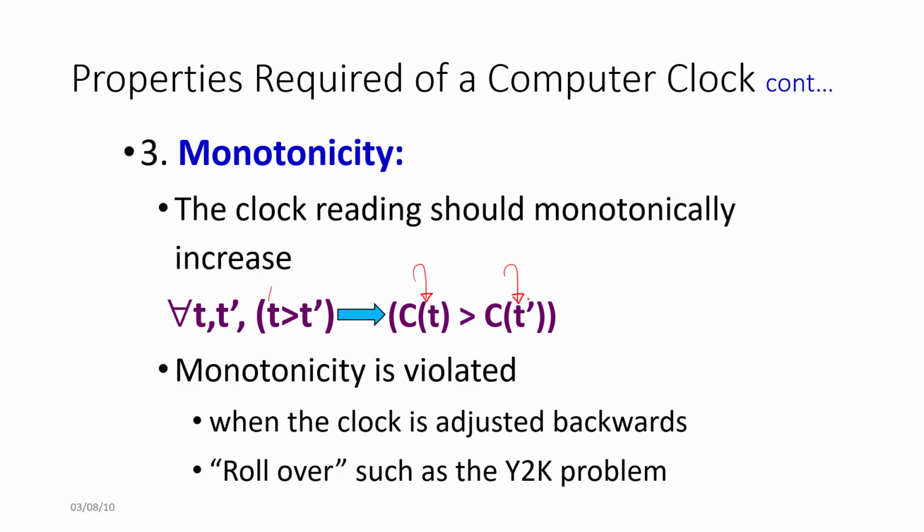This means that under any circumstance, time should not be seen to flow backwards. So this should never happen. This is the crucial property of monotonicity.